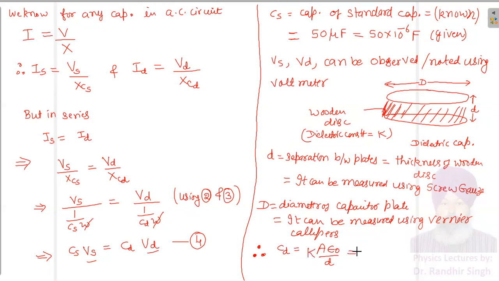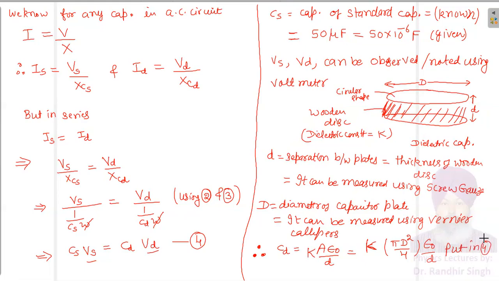What is the area of each plate? If the plate is circular, the area is pi r square, or in terms of diameter, pi capital D square by 4. Now this is epsilon naught, this is small d. So put this value in equation 4.